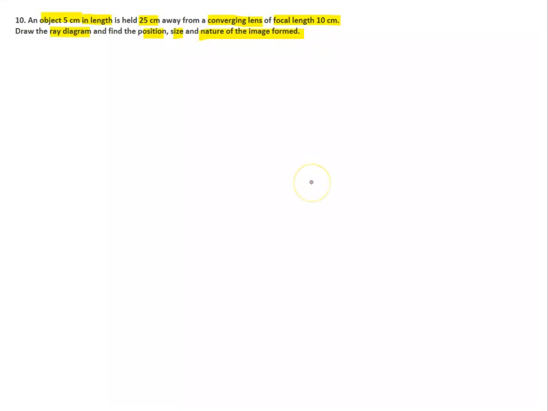First it is given that the object is 5 centimeter in length. So the given data is, object is 5 centimeter in length means the height of the object is given.